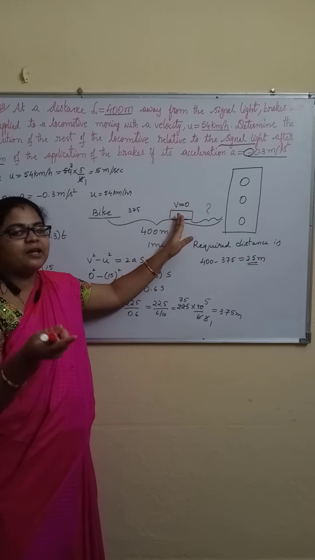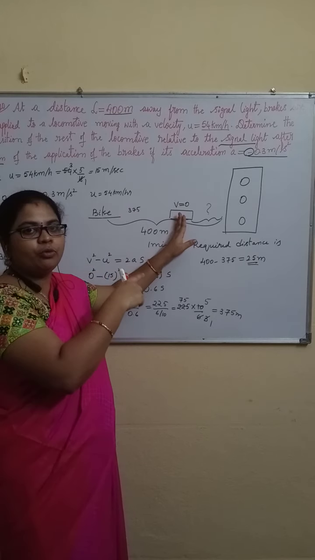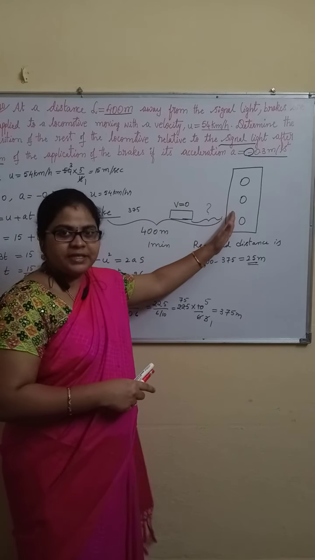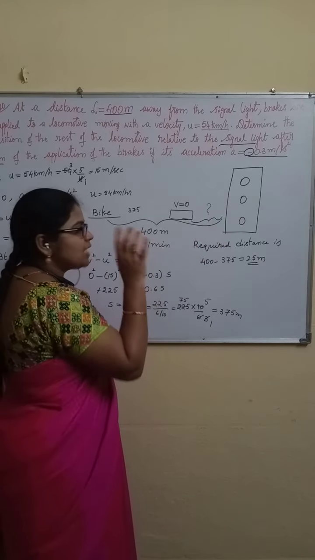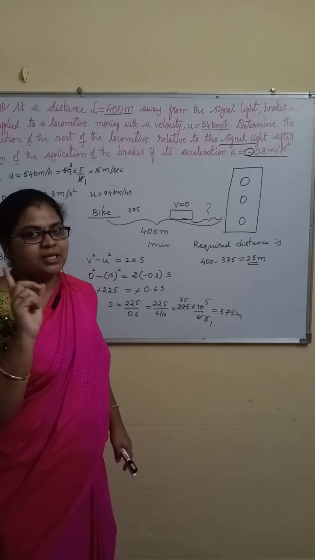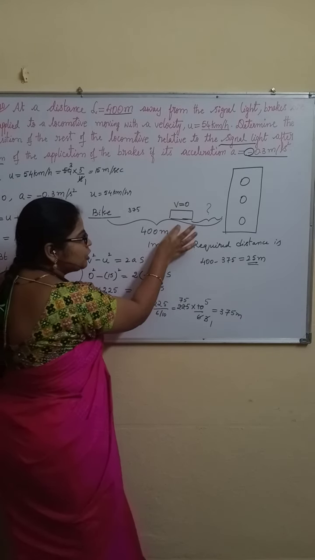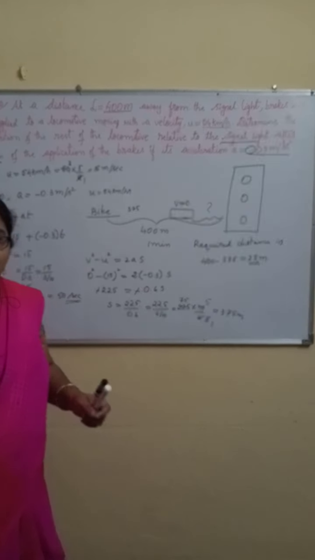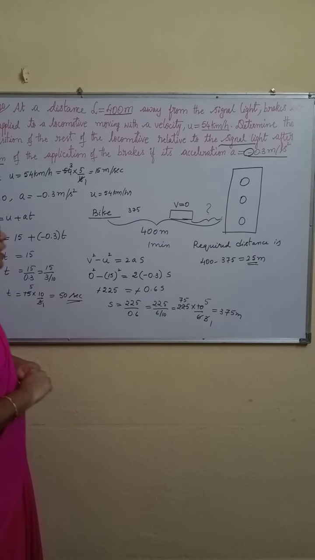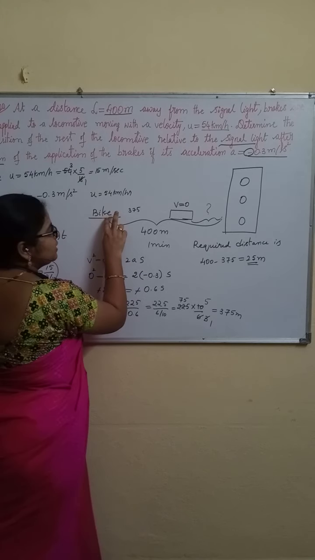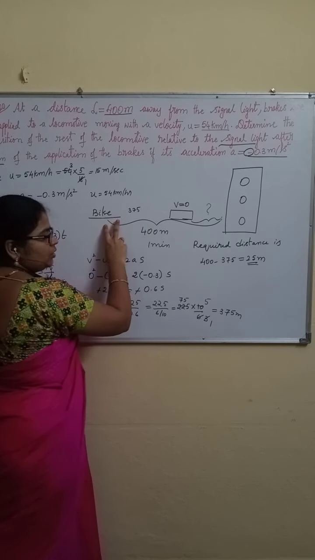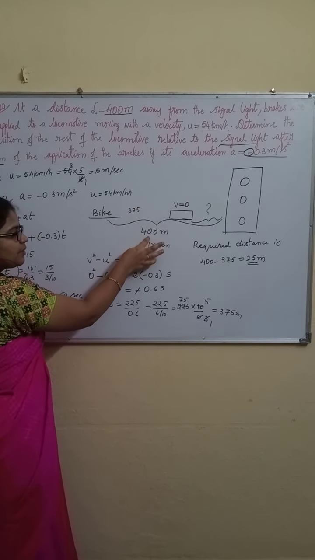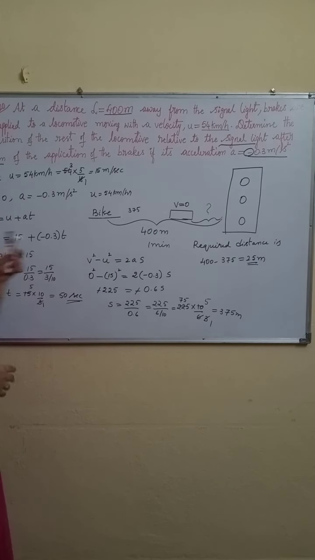He is asking what is the position of the locomotive relative to the traffic signal. It means he is asking an indirect question: what is the distance between these two. When you find the distance between these two, you will get some figure. Then you can subtract it from 400. Then that will be the answer.